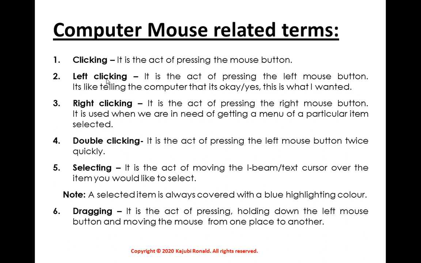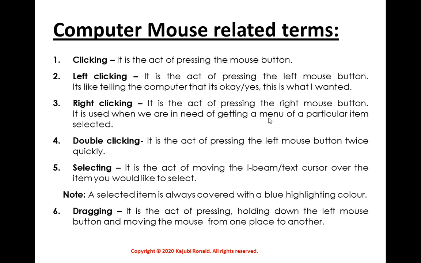Right clicking simply means the act of pressing the right button of the computer mouse this time. And we usually use the right button of a computer mouse if we are in need of options. So when I right click, I will be in a position to see a menu of a particular item you've selected, for you to make a choice in that option list given.